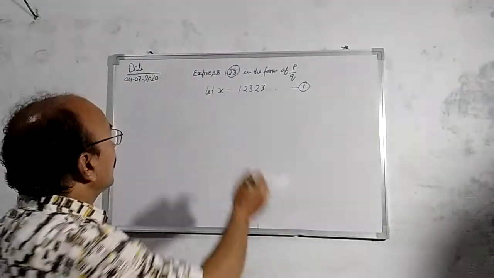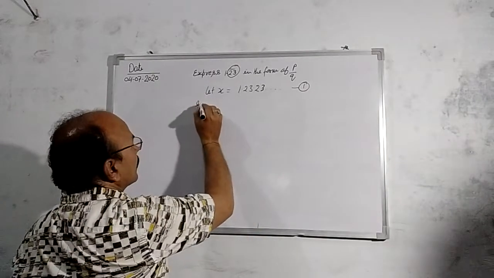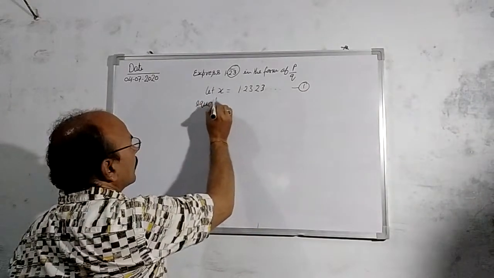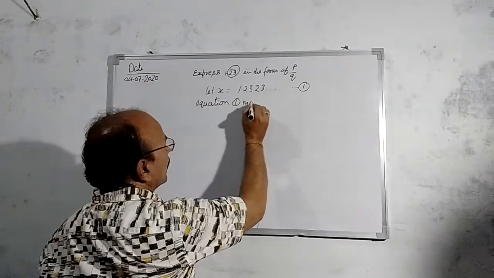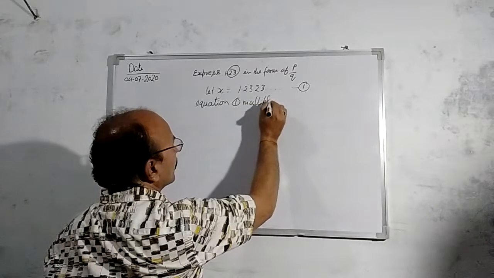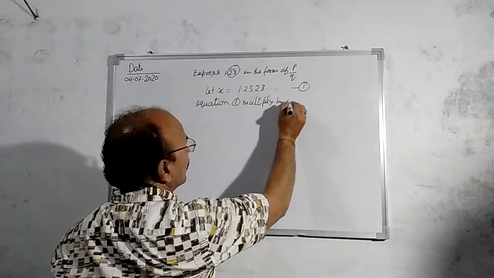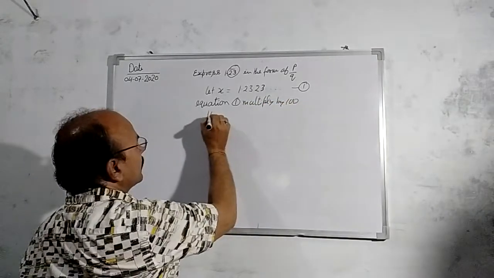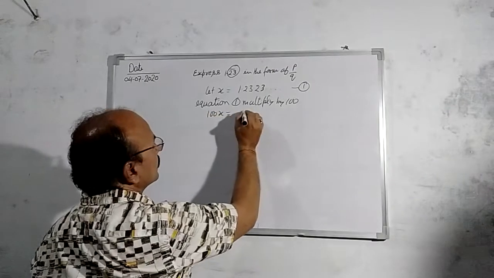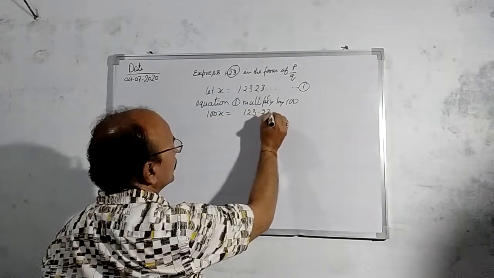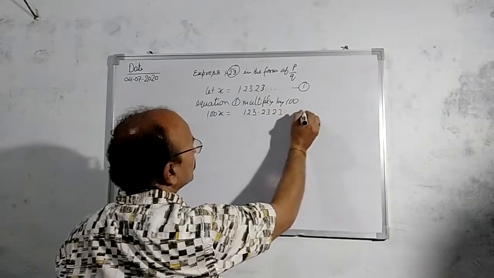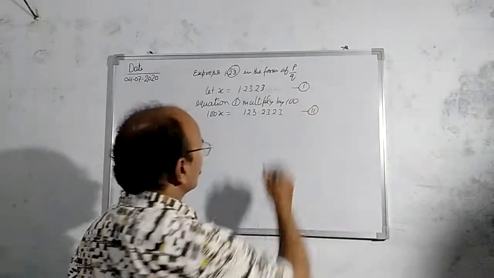So equation 1 multiplied by 100. So 100x is equal to 123.2323 and so on, equation number 2.